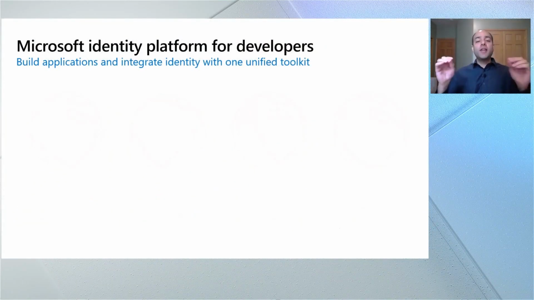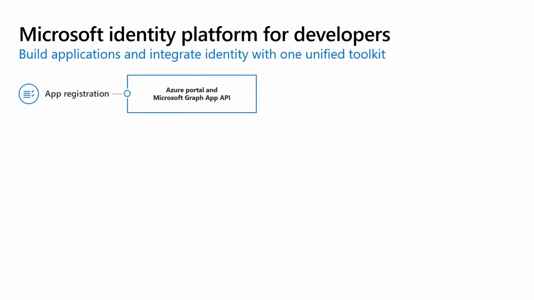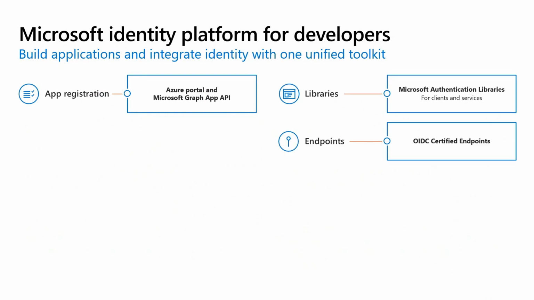Now let's see what you get as a developer. Last year at Build, we announced the unification of our identity platform for developers, which means one platform to sign in any identity. As a developer, you now have one portal to register all of your applications, one set of libraries and SDKs with the Microsoft Authentication Libraries that give you the best experience for single sign-on and compatibility with policies set by IT.